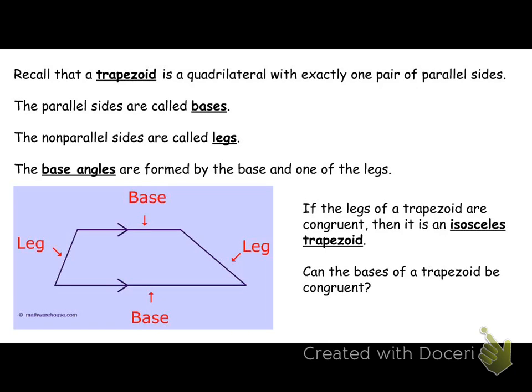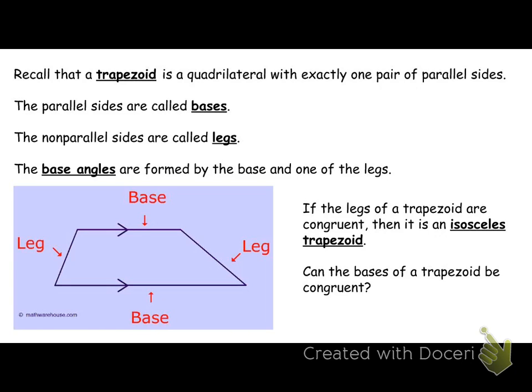My first question for you guys today, can the bases of a trapezoid be congruent? Yes. No. Why not? Because then it would either be a square or a rectangle, and then they'd be parallel.